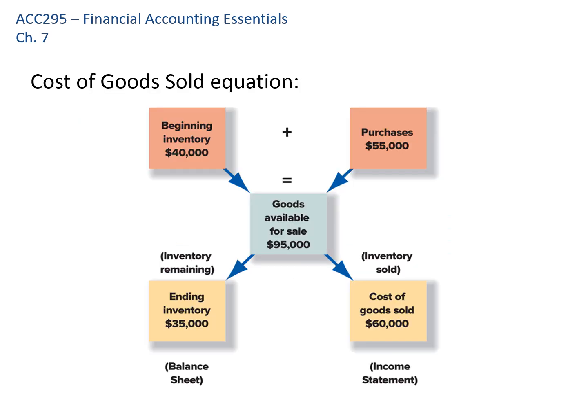So the cost of goods sold equation is we take the beginning inventory, in this case $40,000, we add to it the purchases that were made, and this is for a merchandising company. So in that case, we have $95,000 worth of goods that were available to be sold. We're going to take that sum of goods available for sale, and we're going to split it into inventory, which is what's still on the shelf at the end of the month that we can sell in the future.